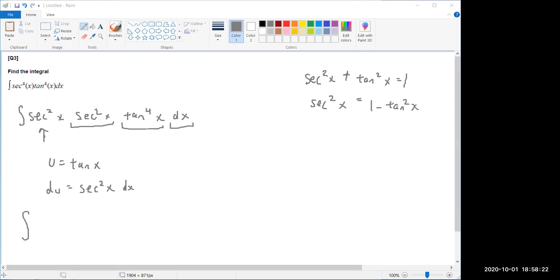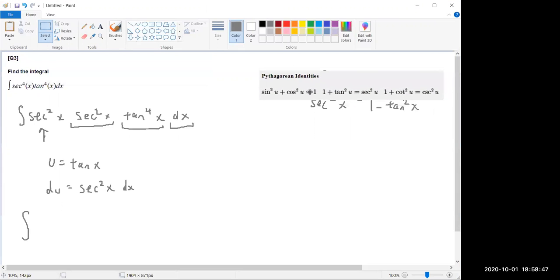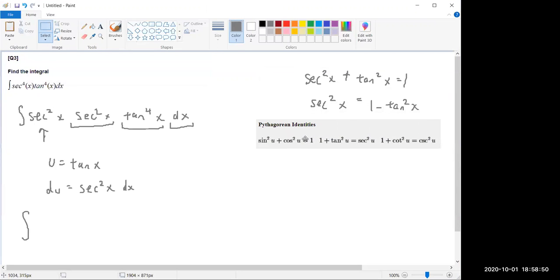Oh yeah, okay, sorry. That was not the identity. Let me just copy and paste the identity from the website, just so we have it for reference. So this is the trig identities.